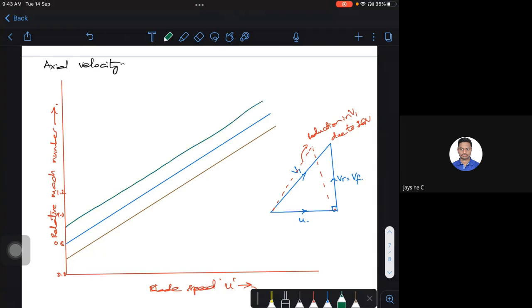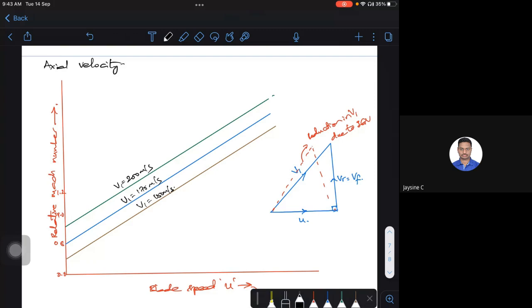Some three velocities I'll try to show. At the top, if I take V1 equal to 200 meters per second, this may be V1 equal to around 180 or 175 meters per second. This may be velocity at 150 meters per second. So what is the effect we are going to see?